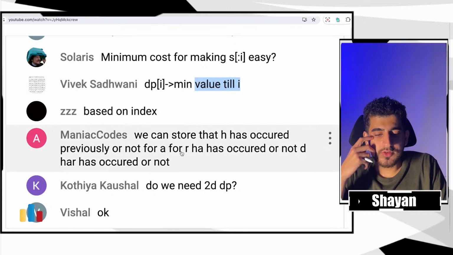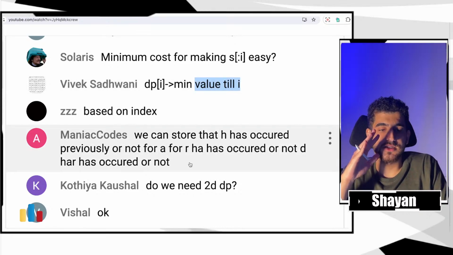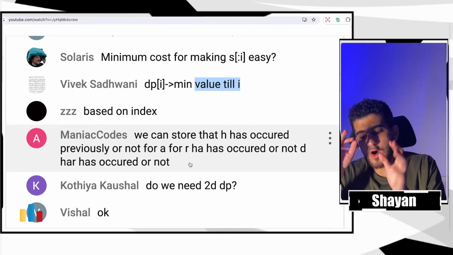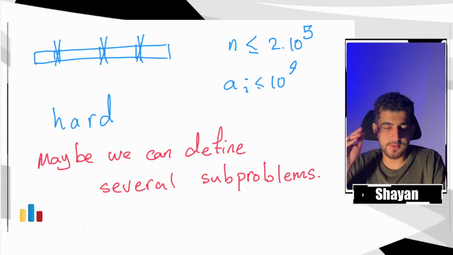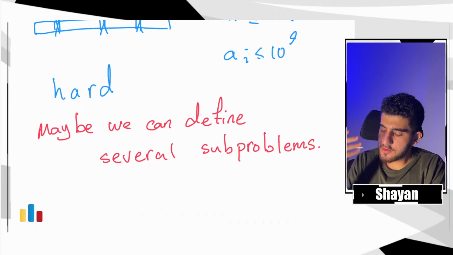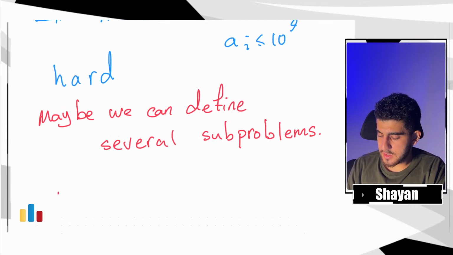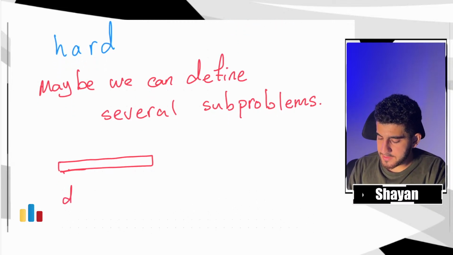Yeah, these are very good things, but there's also another thing that can be considered. Well, we want to get rid of hard. Okay, get rid of hard as a subsequence. So in some scenarios, if you consider the first i elements, DP of i can mean the cost to make it easy.